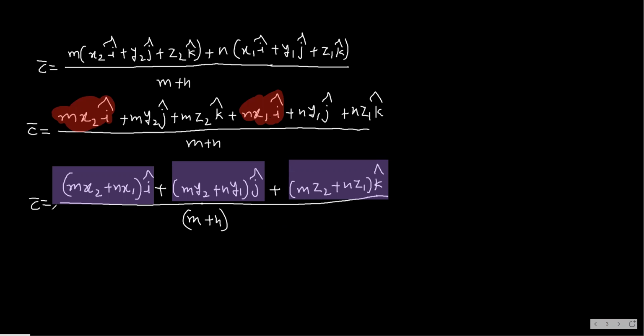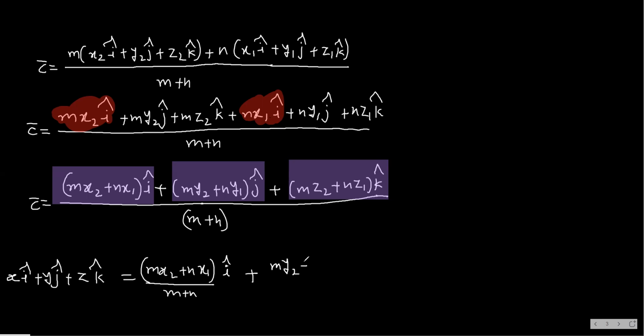Therefore C bar, this time I write it as xi cap plus yj cap plus zk cap, equals, dividing separately on the RHS, mx2 plus nx1 i cap divided by m plus n, plus my2 plus ny1 j cap divided by m plus n, and finally mz2 plus nz1 k cap divided by m plus n.